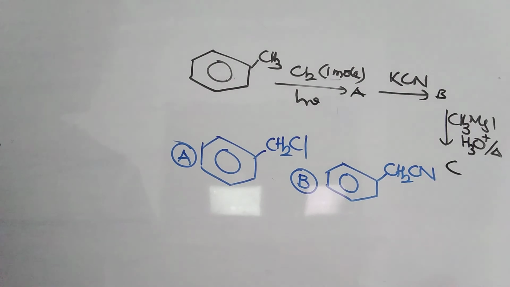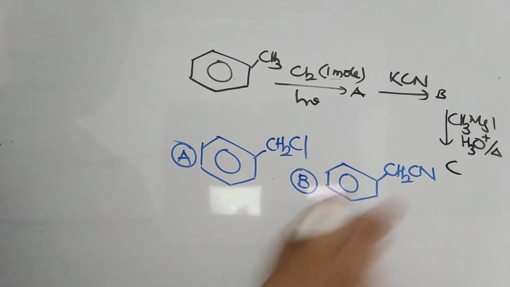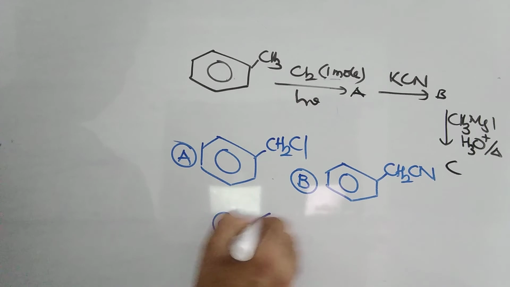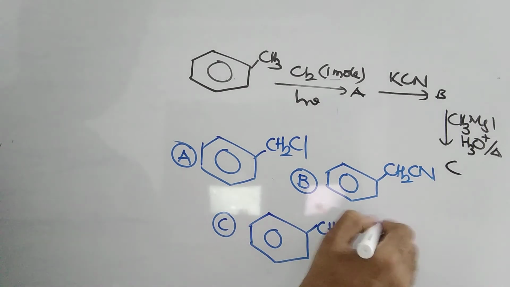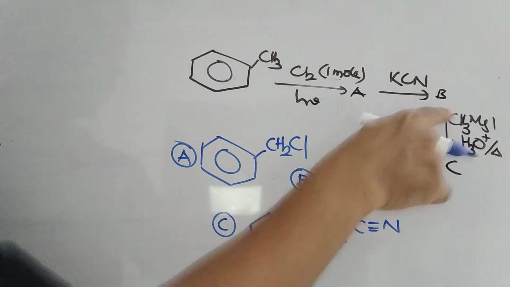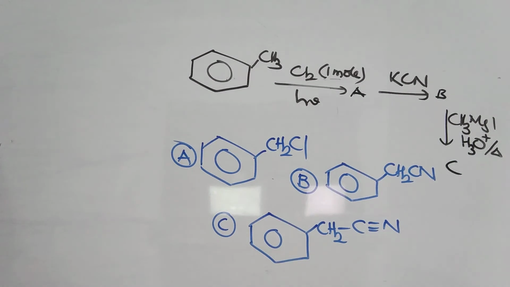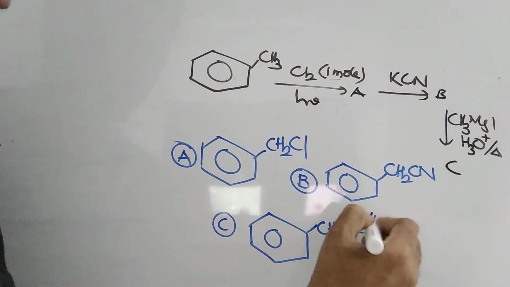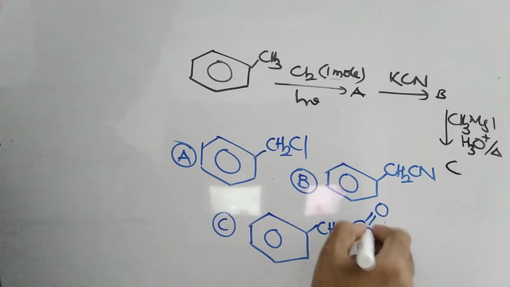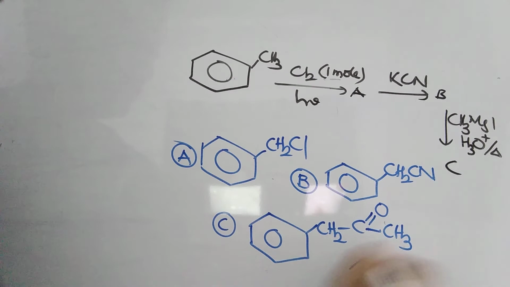Immediately in the C case, when you are adding CH3MgI, that is Grignard reagent, this will be converted to CH2 C triple bond N. When you are adding CH3 group, that is Grignard reagent group, this part will be converted to C double bond O. Now extra CH3 group is coming here. How is that coming?